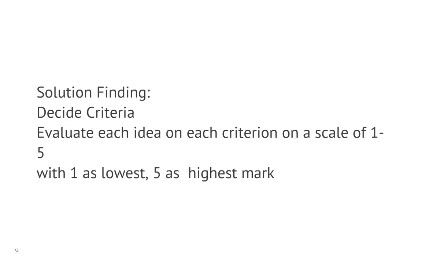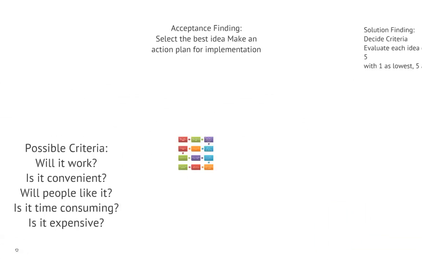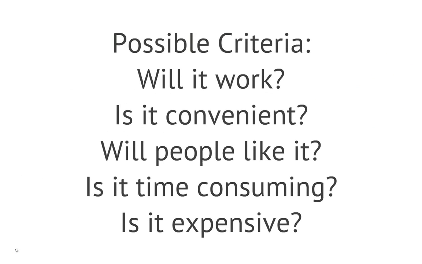Okay, in the next step, the solution finding step, students decide on criteria in which they're going to evaluate each idea. So they might consider criteria such as, will it work? Is it convenient? Will people like it? Is it time consuming? Is it expensive?